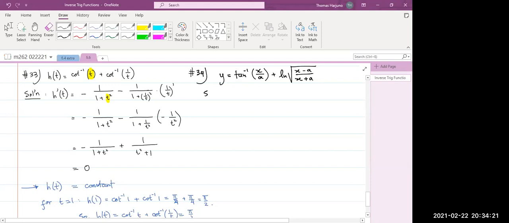So the derivative of tangent inverse is 1 over 1 plus blah square times the derivative of blah, plus the derivative of natural log is the reciprocal times the derivative of the blah.